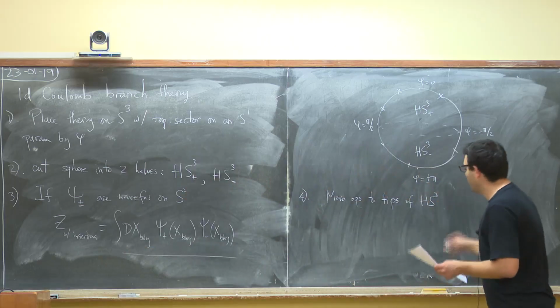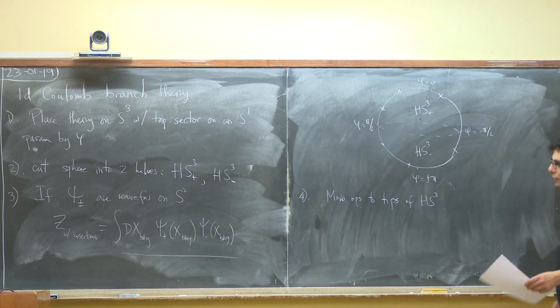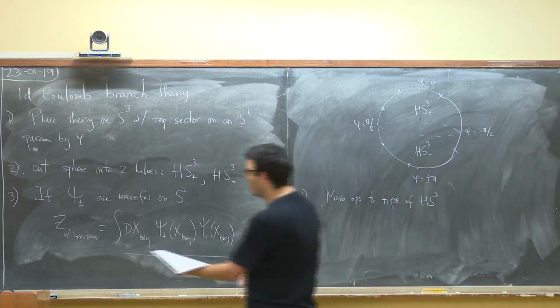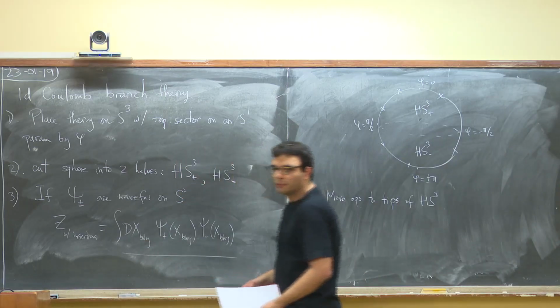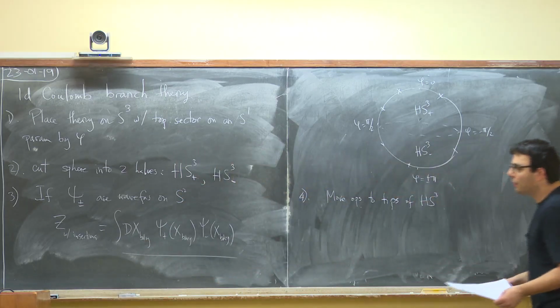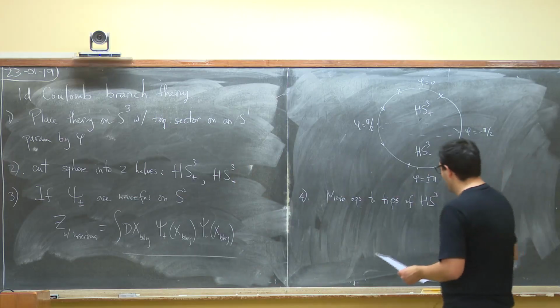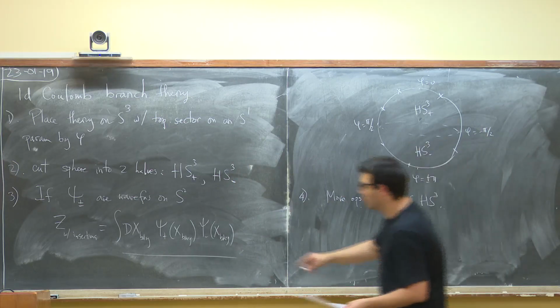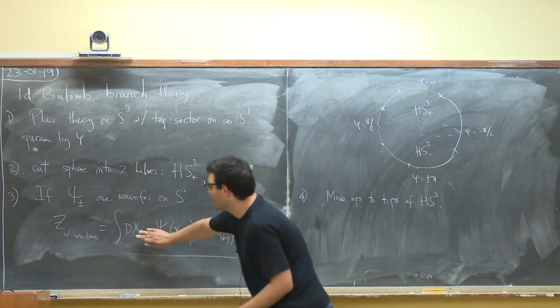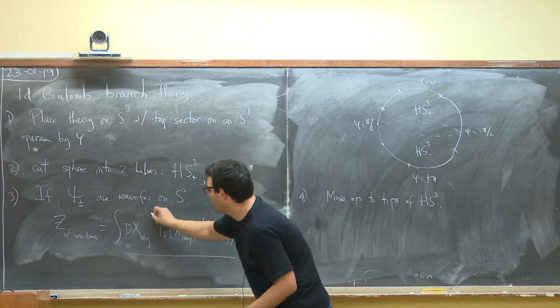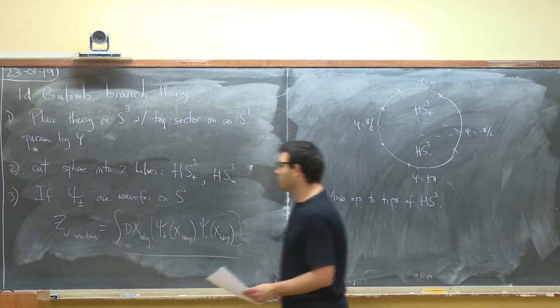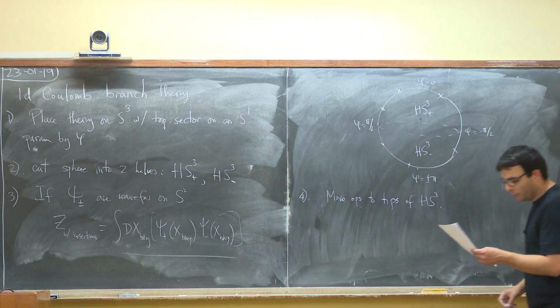However, in this case, one can argue that this path integral over the boundary values of the fields is a supersymmetric path integral in 2 dimensions on the 2-sphere, and preserves 2,2 supersymmetry.